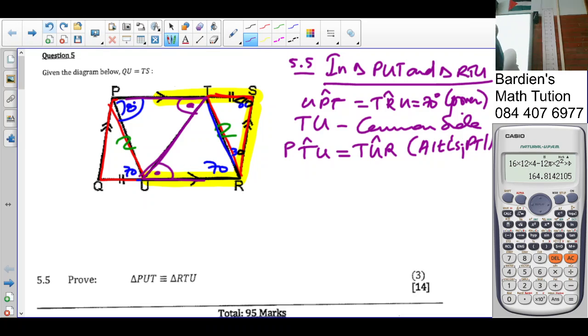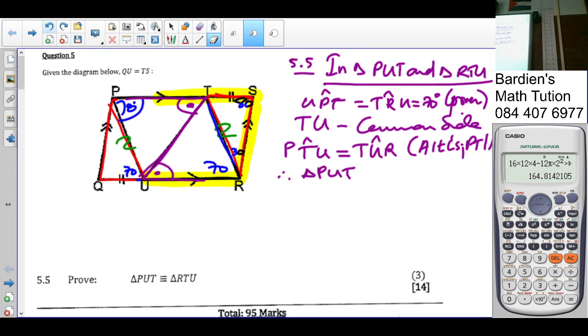Is this enough to conclude congruency? Yes. So I can say therefore, triangle PUT is congruent to triangle RTU. Why? Angle, angle, side. Our favorite, no?